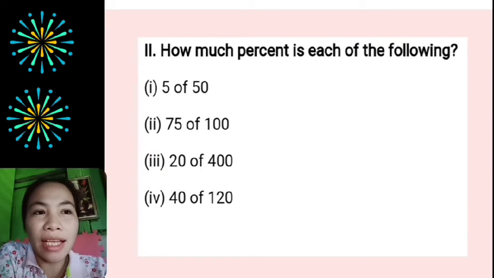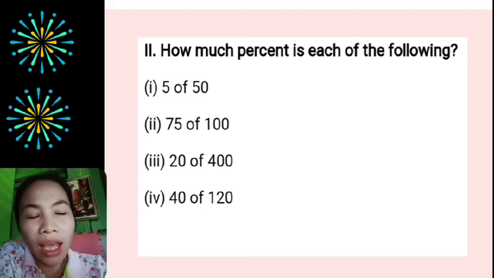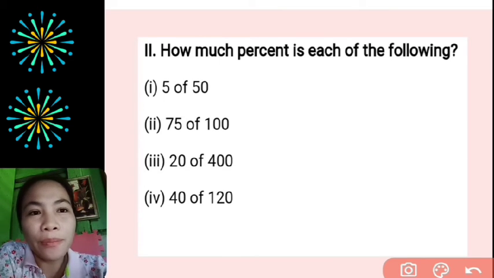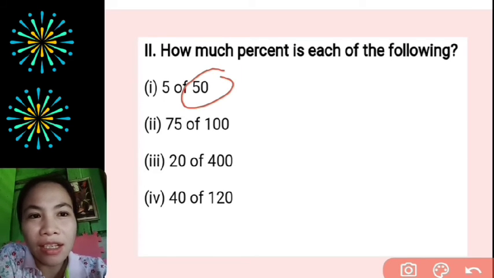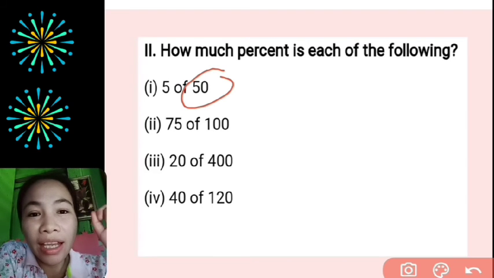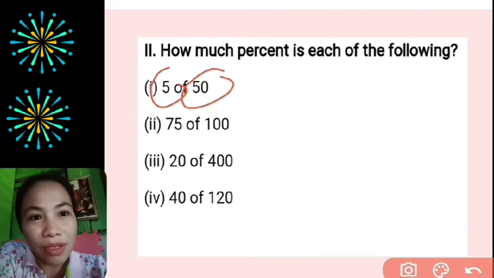How much percent is each of the following? So we are looking for the percent. If the ball pen costs 50, how much percent did the mall less for 5 pesos?